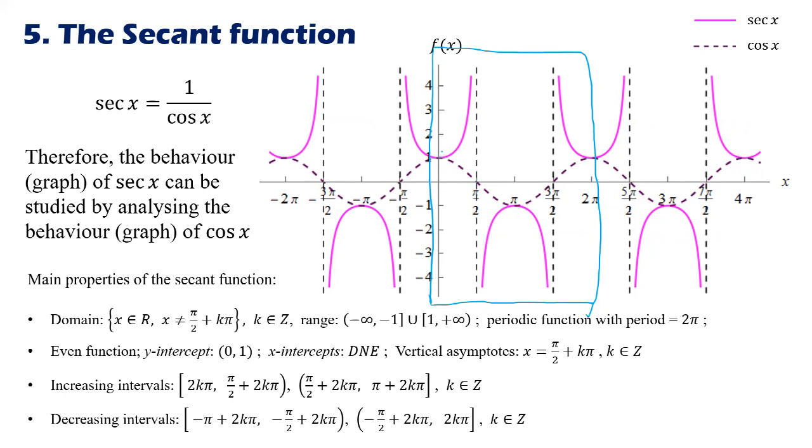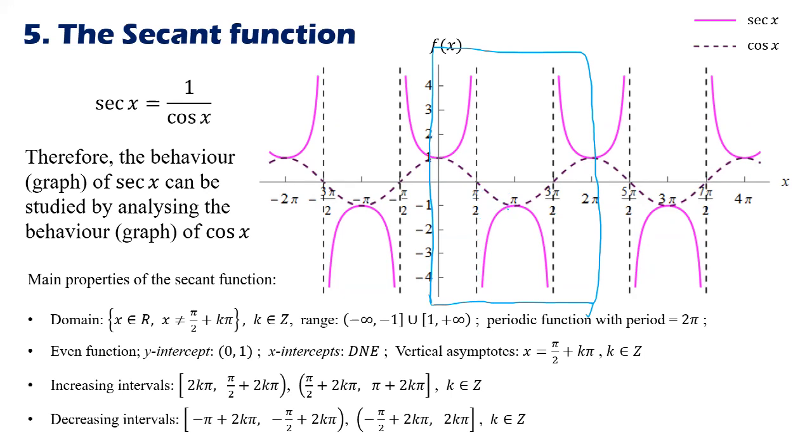At the same time, secant x, because it is just the reciprocal of cosine x, is increasing from 1 to positive infinity, right? And for another example, if we consider the next quarter period, when x goes from half pi to pi, cosine x goes from 0 to -1, right? And at the same time, secant x goes from negative infinity to -1, right?